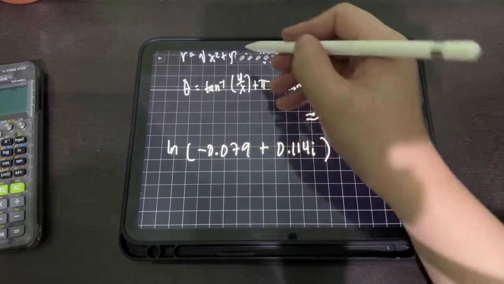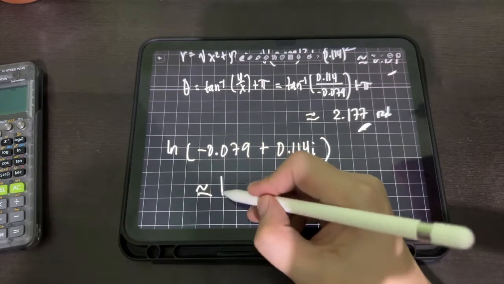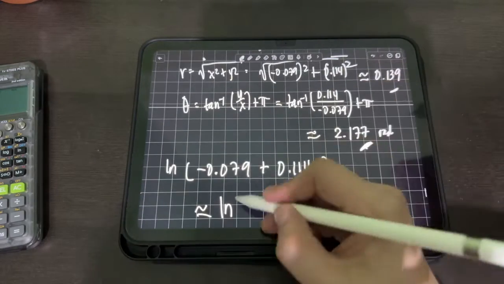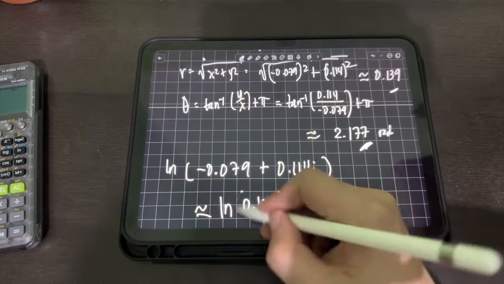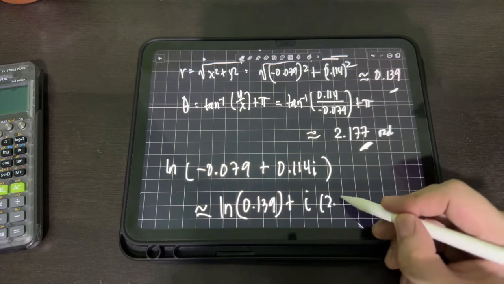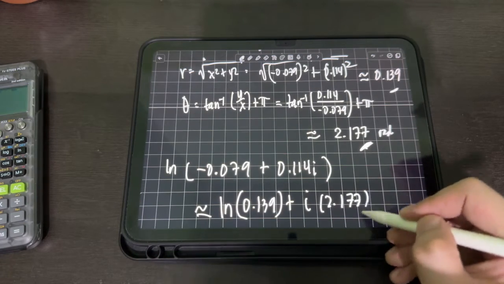Okay, now we evaluate this ln applying the formula. Ln of this complex number is approximately equal to ln of r, 0.139, plus i times this theta, 2.177.